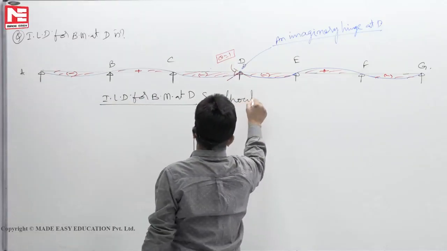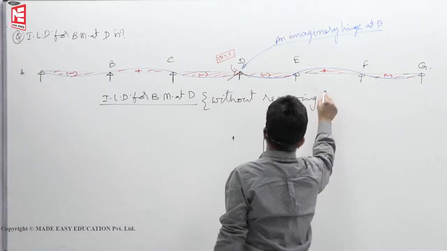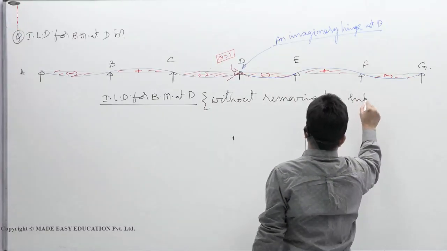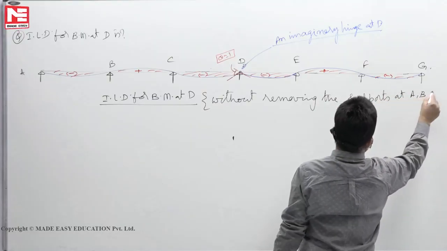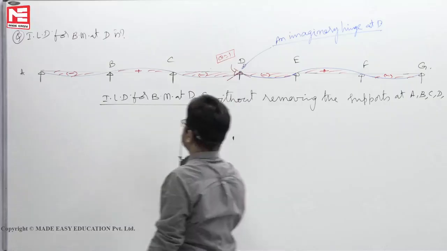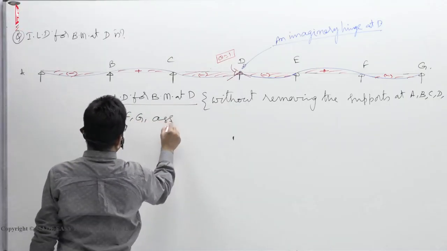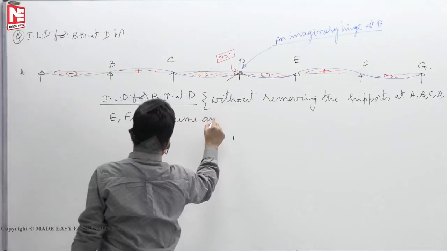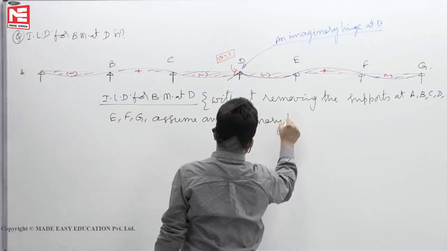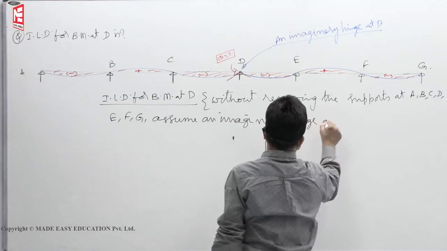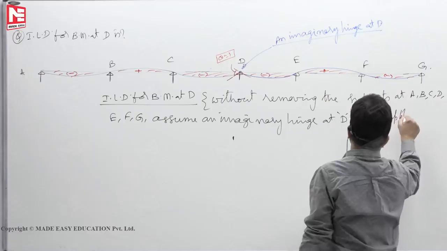This is the process. Without removing the supports at A, B, C, D, E, F, G, assume an imaginary hinge at D and apply unit rotation.